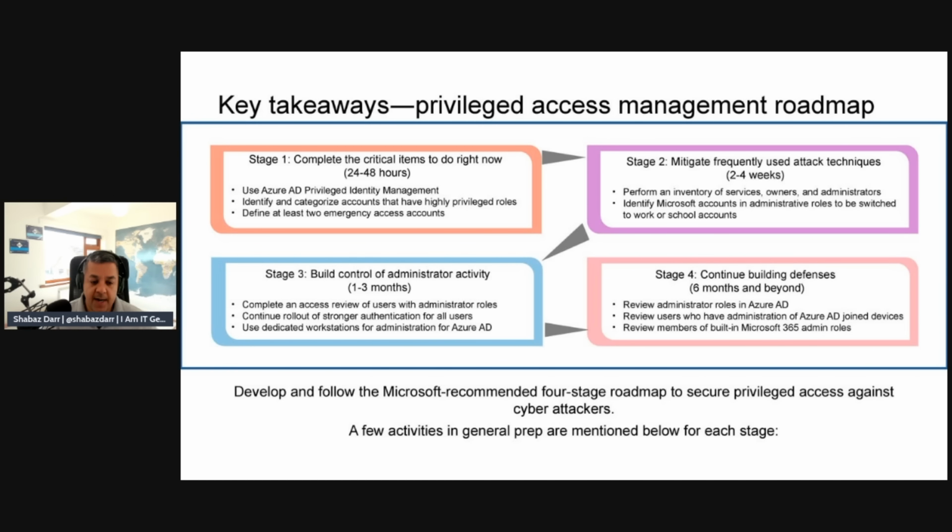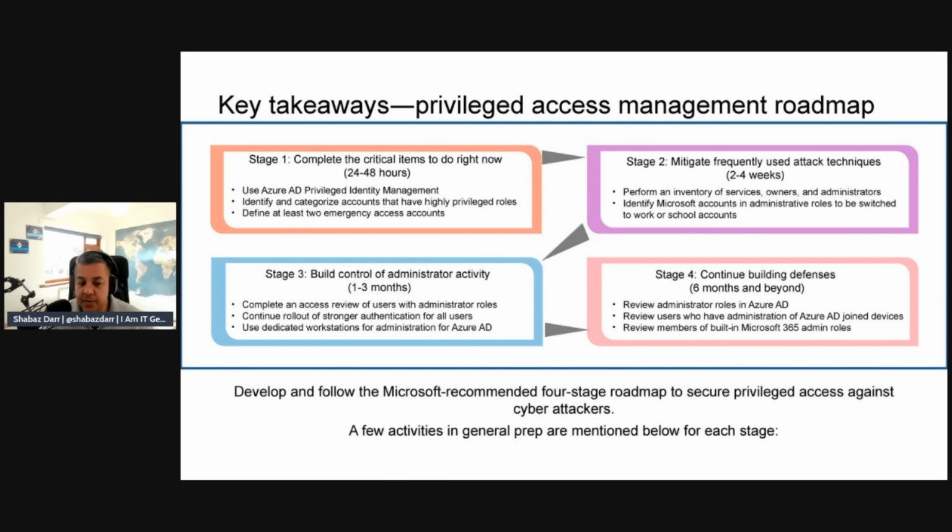So just to summarize some key takeaways, we need to make sure we develop that four-stage roadmap to secure privileged access against cyber attackers. Complete the critical items right now, within the next 24 to 48 hours. Perform critical tasks that are fast and easy to implement. Mitigate frequently used attack techniques. You can focus on mitigating the most frequently used attack techniques for credential theft and abuse.